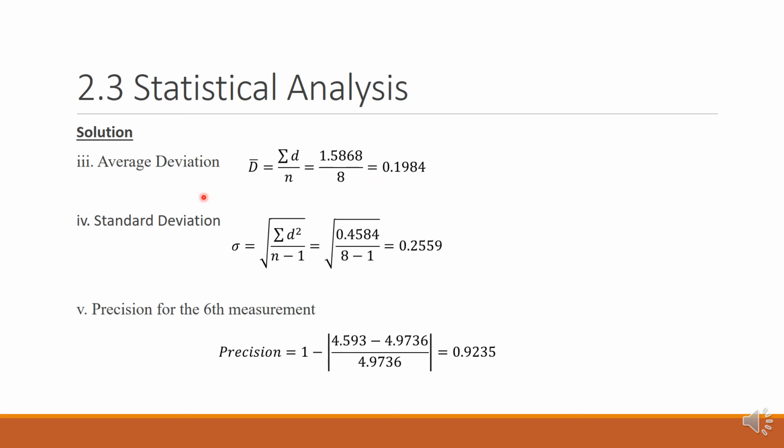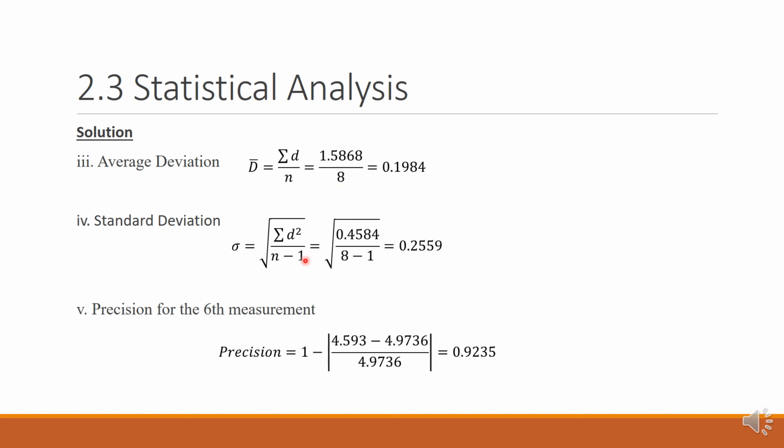Okay, so now calculate the standard deviation. For standard deviation, you can use this formula. Please note that the denominator used here is n minus 1, because you only have 8 readings.